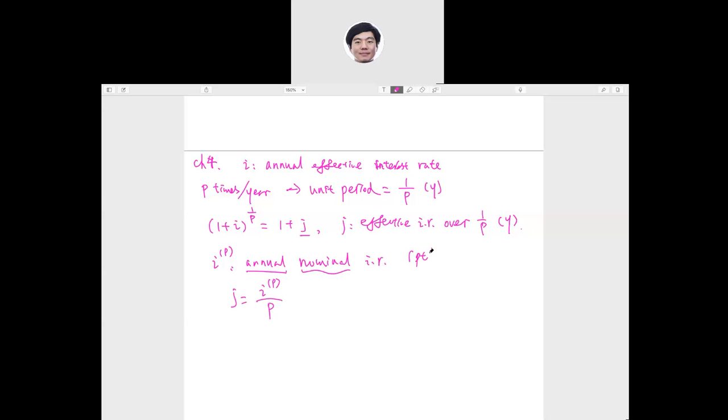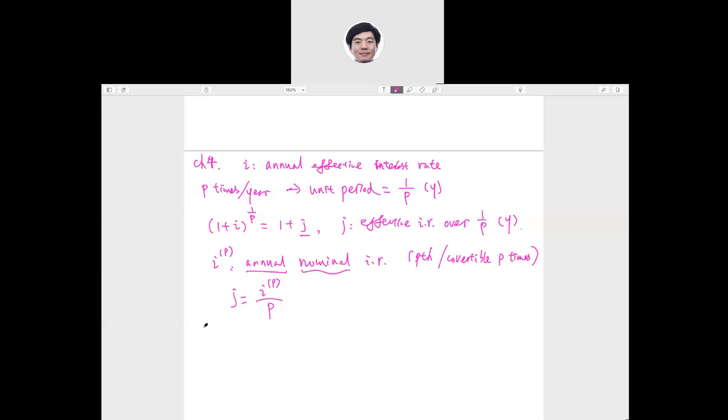Sometimes we also call this pthly nominal interest rate, or convertible P times a year. It's simply I upper P divided by the frequency P. That gives you the effective interest rate over your new unit period.